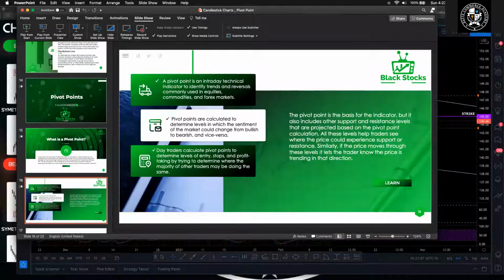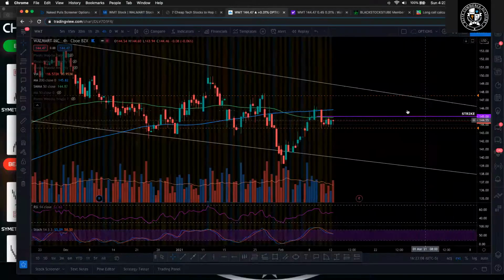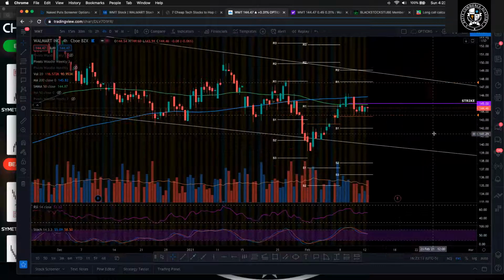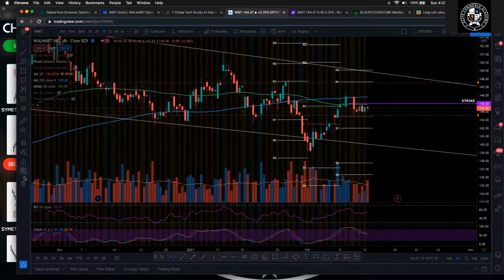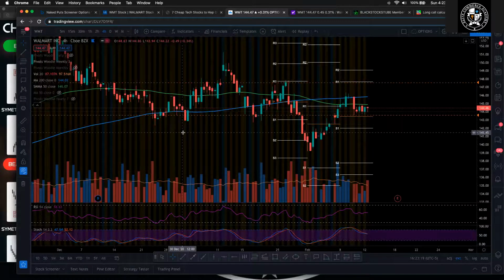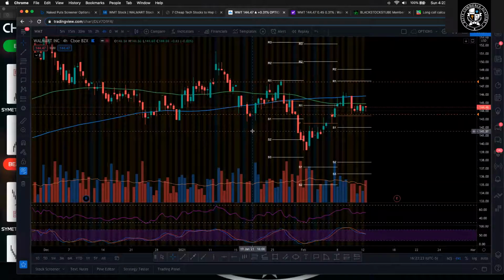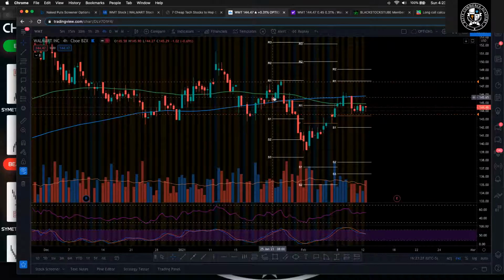So if we go back to the chart and I look at the weekly pivot, I'm going to see if I can take some of this stuff off. Let's hide the drawings. All right, so basically what I'm looking at is on what side did the pivot open at for the week.